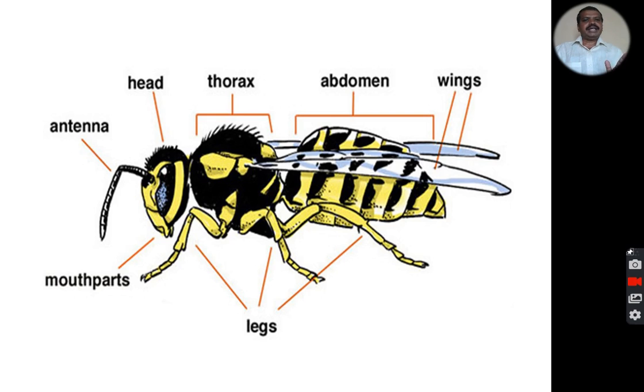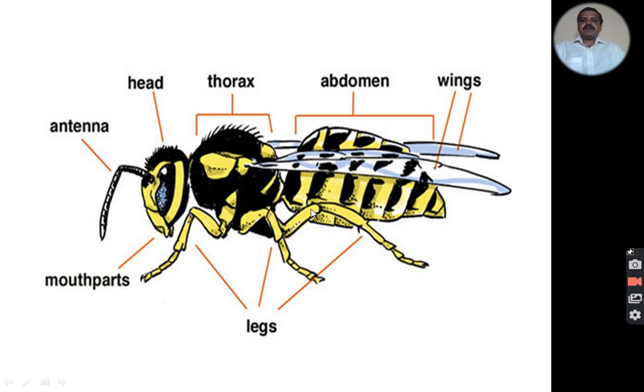A pair of legs is attached to each thoracic segment: one pair to the prothorax, another pair to the mesothorax, and the last pair to the metathorax. Hence, these insects are recognized as hexapods. Hexa means 6; they have 6 legs.